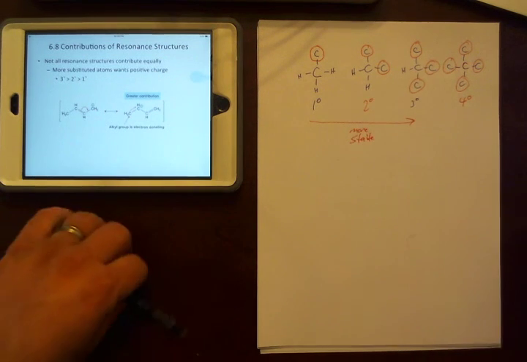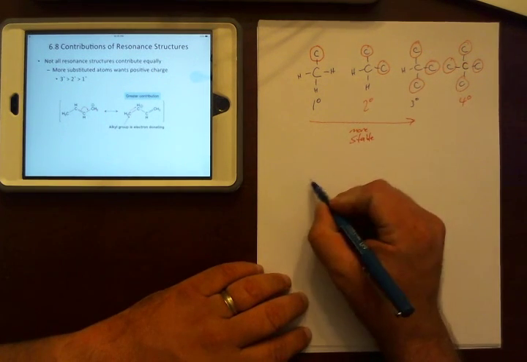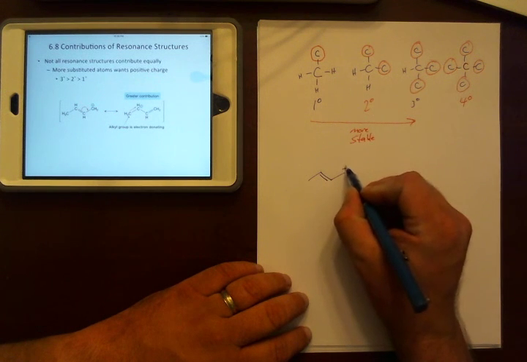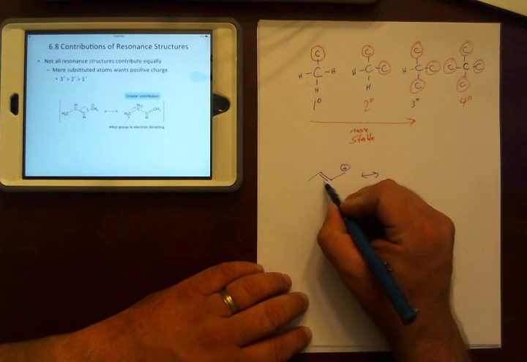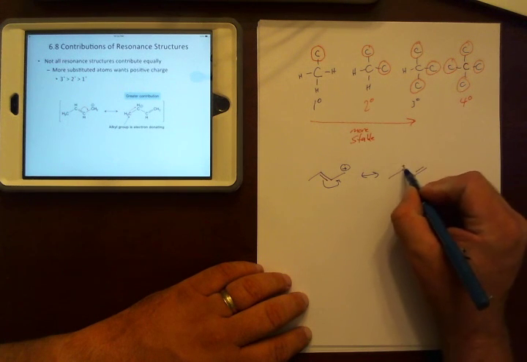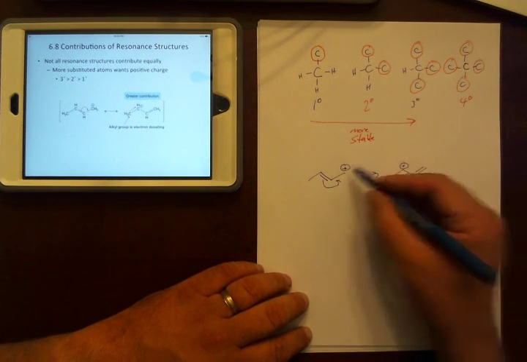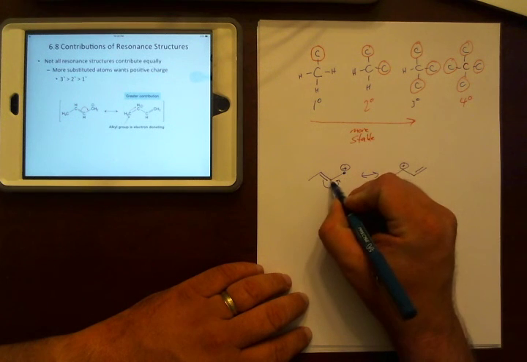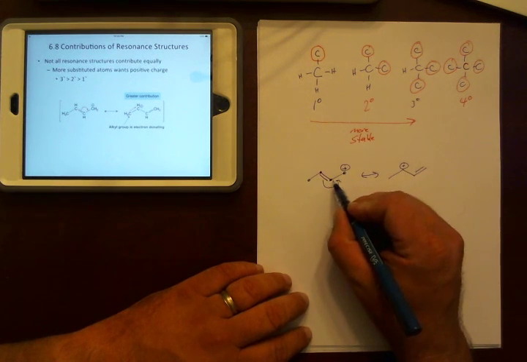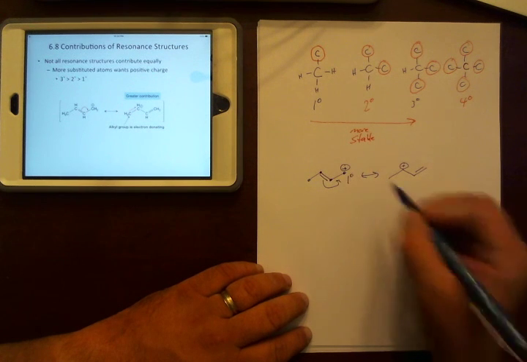So down here, you have this versus that. You put in your dots for your carbons. How many dots are hanging off of that carbon? Well, there's 1, so this is a primary.